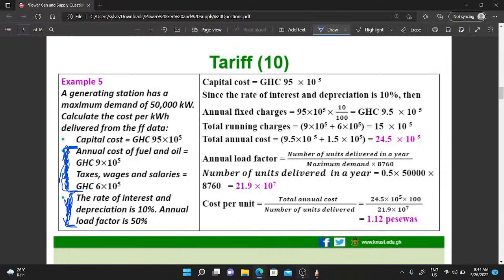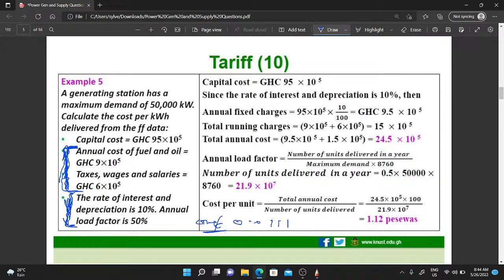So we are doing 24.5 times 10 to the 5 divided by 10 to the 7, and you get 0.0111. This is in Ghana cedis.